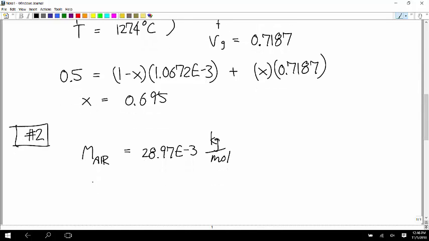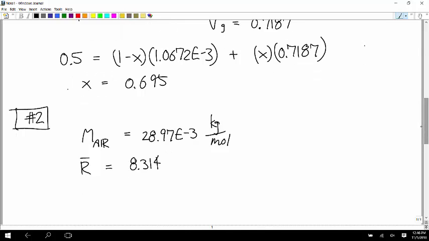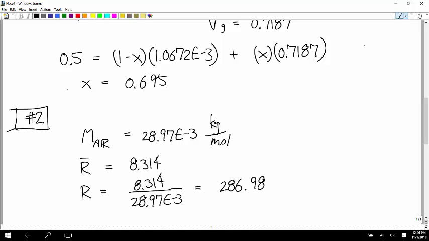In SI units, the universal gas constant is 8.314. And so the gas constant that's specific to air is 8.314 divided by 28.97 times 10 to the minus third. And that gives you 286.987.